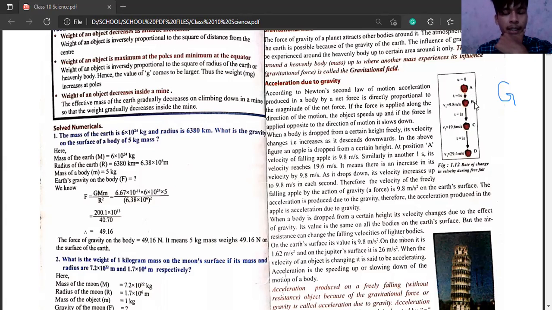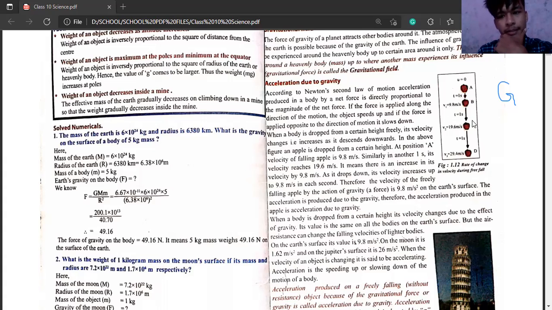Okay, V is 9.8 meter per second. Now, what is the value of U then? Initial velocity, 0 meter per second. And the value of T? 1 second. So what will be the answer then? Acceleration is 9.8 meter per second square. Okay, thanks.